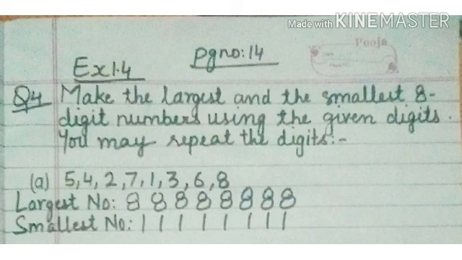54271368. As you are allowed to repeat the digit as many number of times, I know that for making the greatest 8-digit number I need to start with the largest digit. The largest digit here is 8, so I write 8.